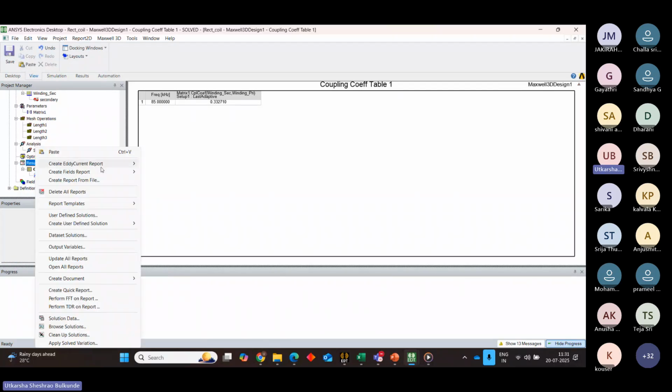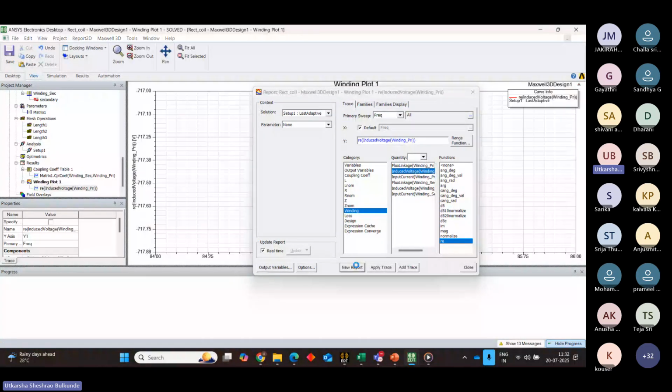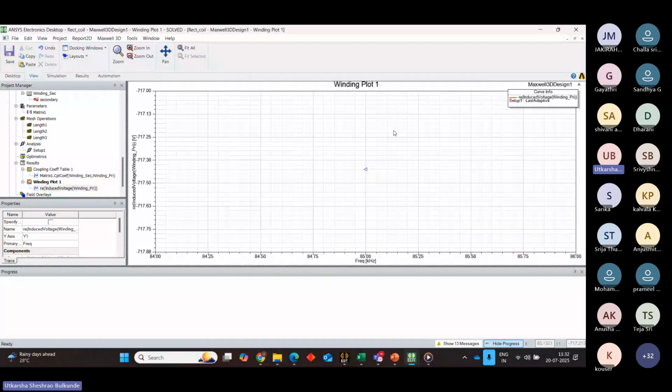So here, if you see the number of options, you have the loss option that I told you you can calculate. In the winding option, you have induced voltage, flux linkage, and all. But when you click on induced voltage, in the data table we will see it because we have a single value.